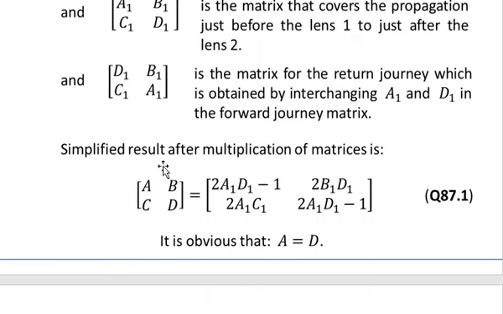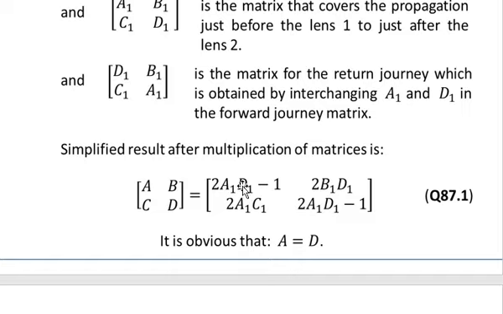The simplified result after multiplication of the four matrices is given. ABCD is equal to: on the first row, 2A1D1 minus 1, and 2B1D1; in the second row, 2A1C1, and the second element of the second row is 2A1D1 minus 1.